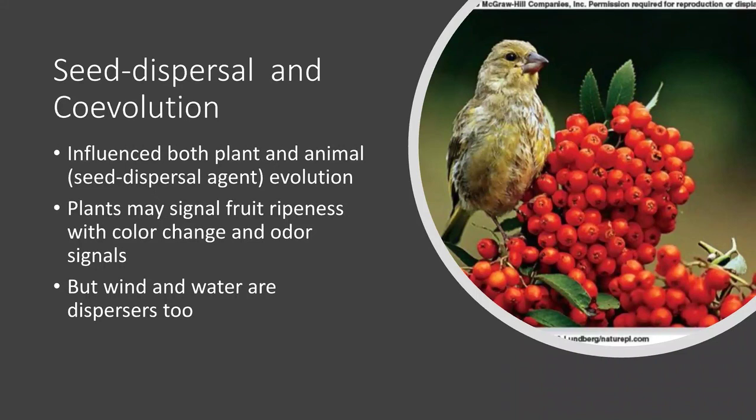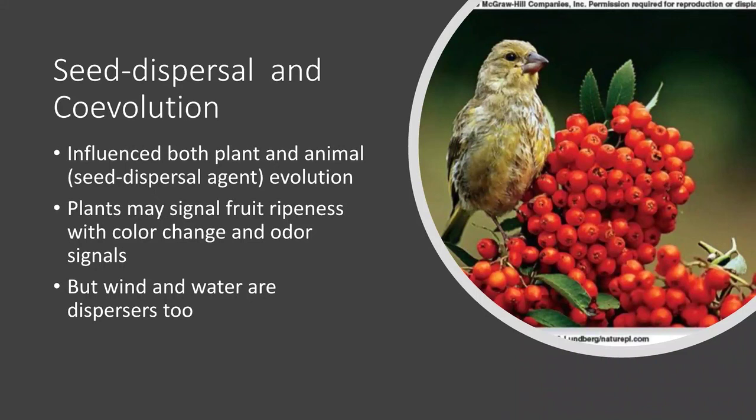Okay, and then even fruits might have different colors to signal ripeness. And again, think of that. We do that ourselves when you go to the grocery store and you're trying to pick a fruit. You're looking at the color to determine, is this ripe or not? So does that mean that it's going to be sweet enough for us to eat? And that might indicate the development of the seed on the inside as well.